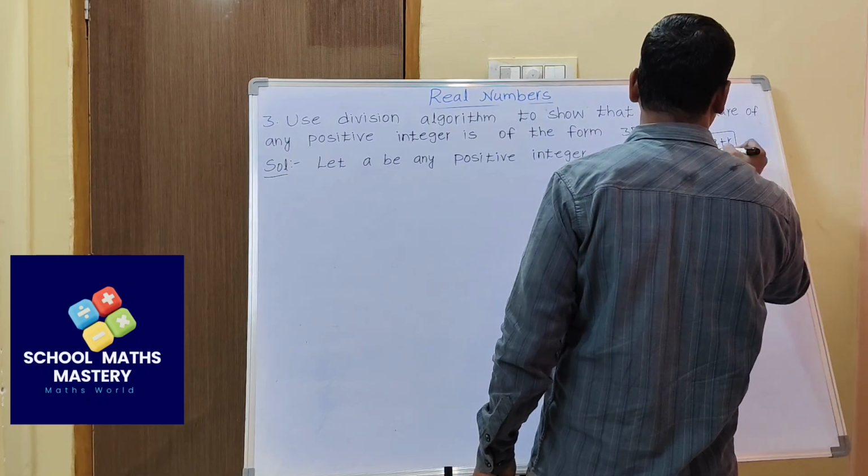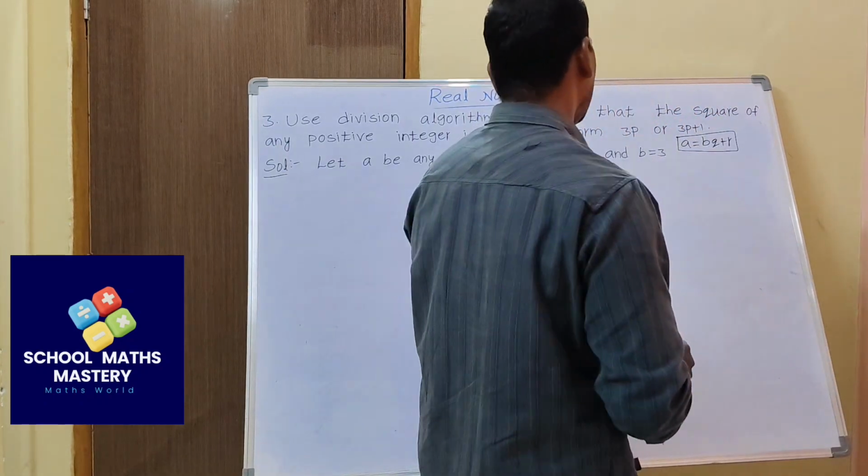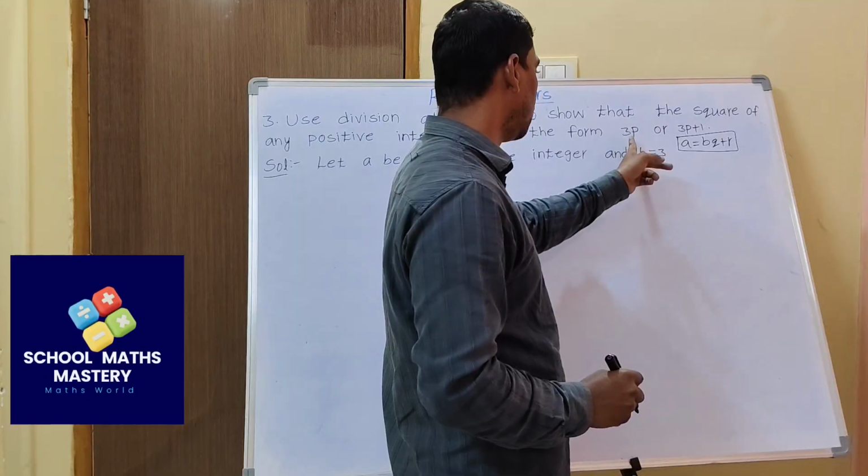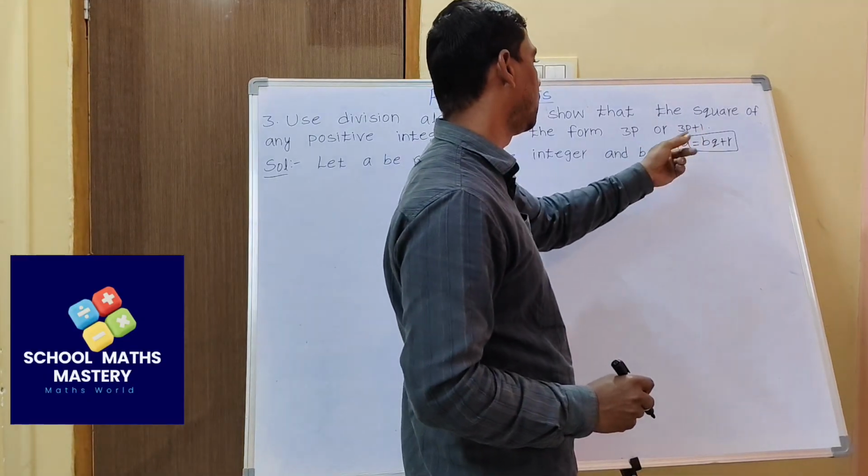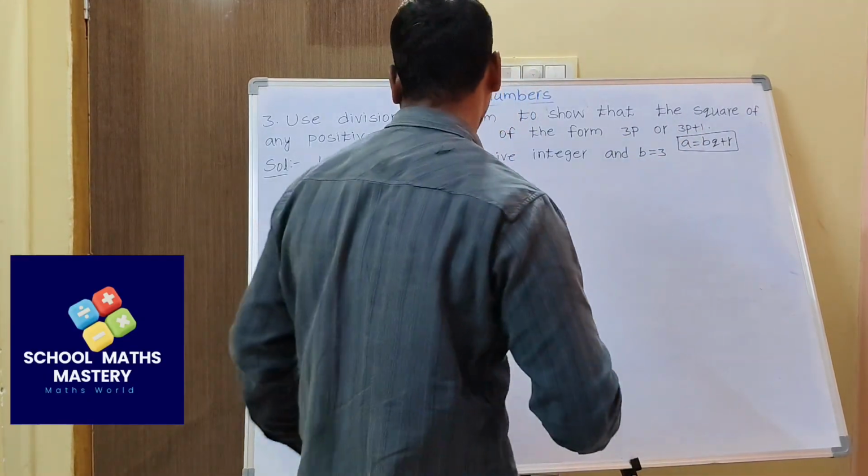This is our Euclid's formula. Here we want 3p or 3p plus 1. So b is 3.